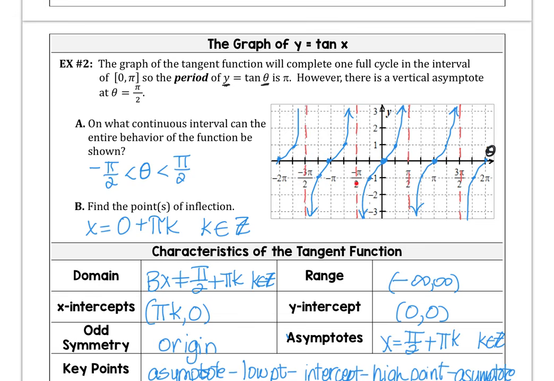So if you know the first asymptote and the last asymptote, halfway between is the intercept, and then halfway between the asymptote and the intercept is a low point, provided your amplitude is 1, and then halfway between the intercept and the asymptote is a high point, provided the amplitude is positive 1.